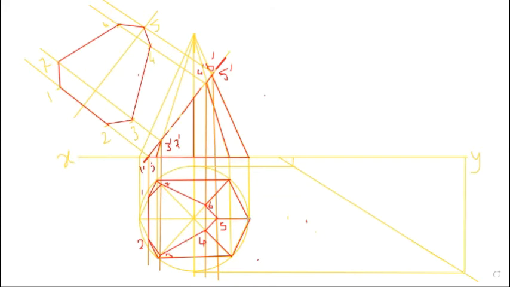Okay. And from the 5, we draw a vertical line and extend it. And also we draw a horizontal line. Now from this point, first we join this. Means first we draw the side view.